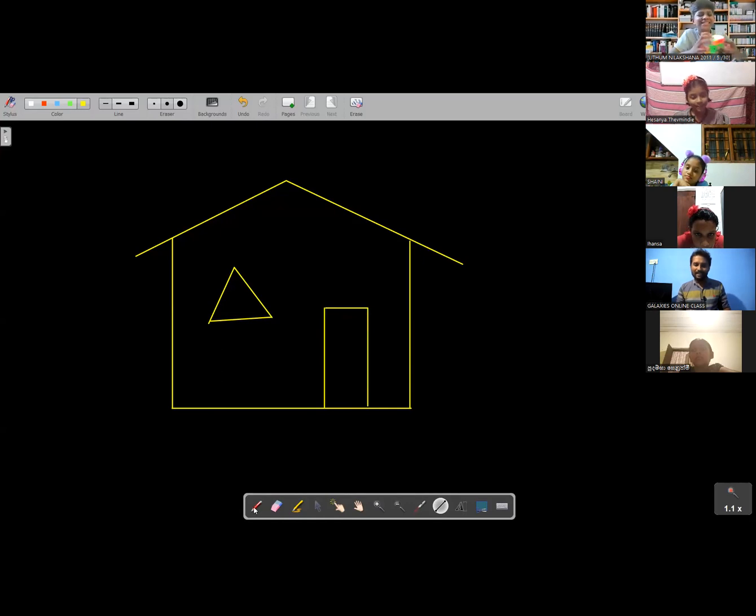Right. I drew the picture. Think of it as a shape. Can you see it? Then I will mark this one as number 1, this one as number 2, number 3, number 4, number 5, 6, 7, 8.